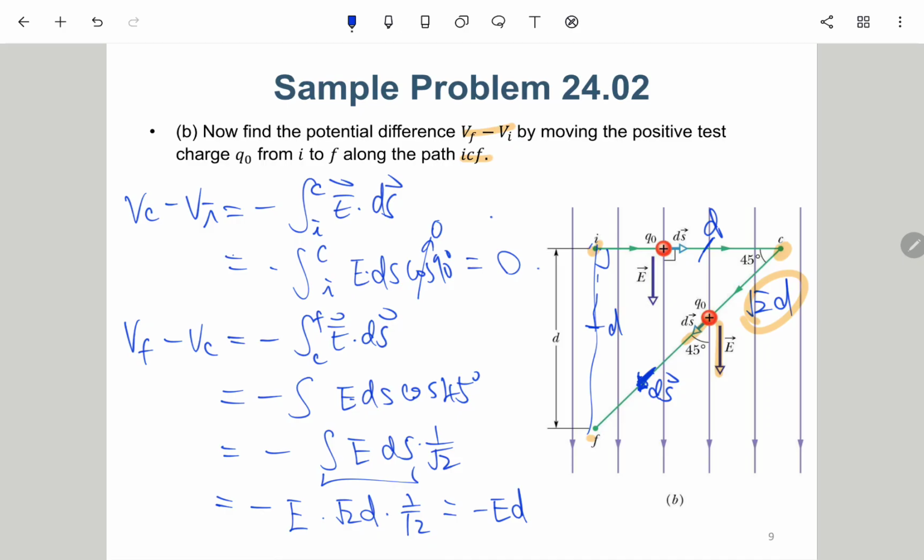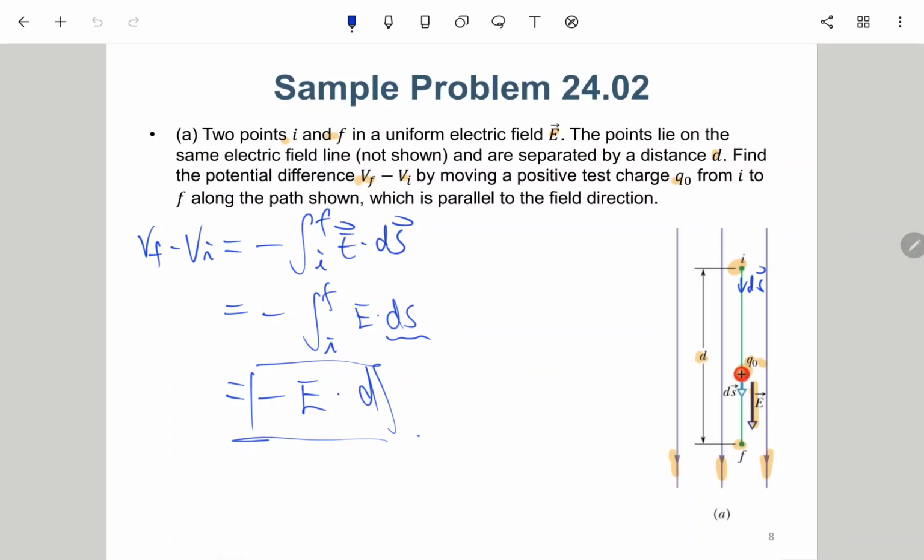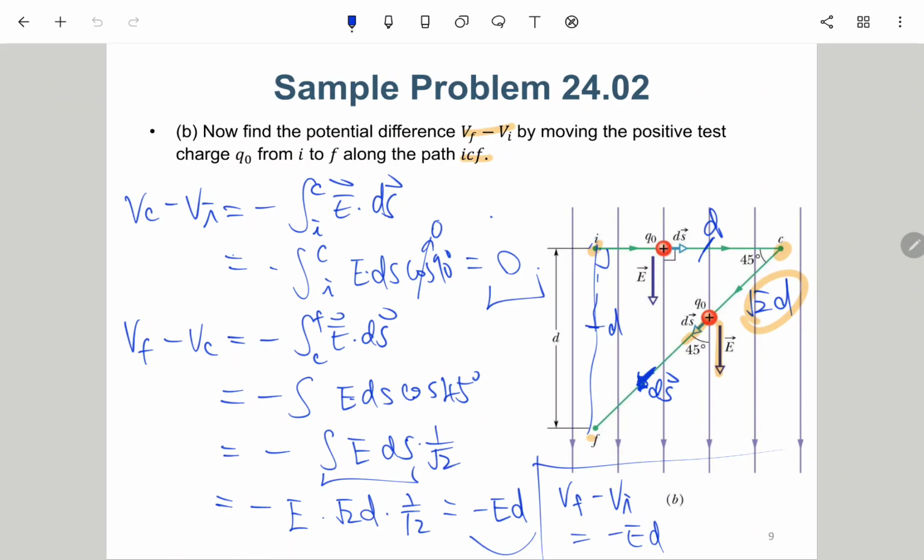Finally, Vf minus Vi, adding these two together, is still negative E d. For sure, because we already mentioned that going from this point to that point through this path or through the other path, the result must be the same, without any magnetic field.